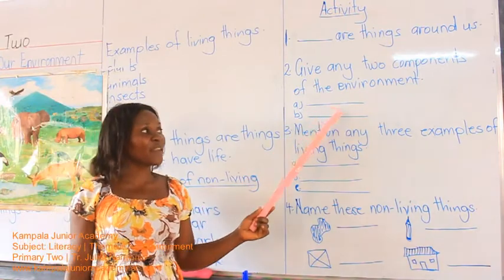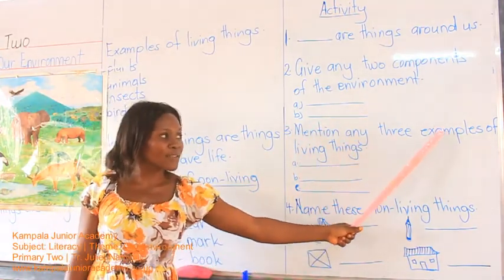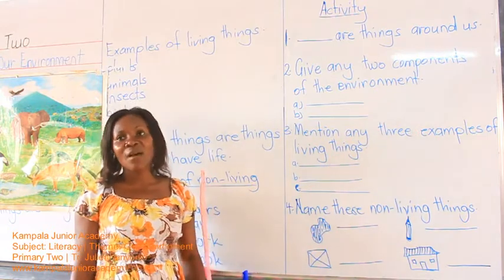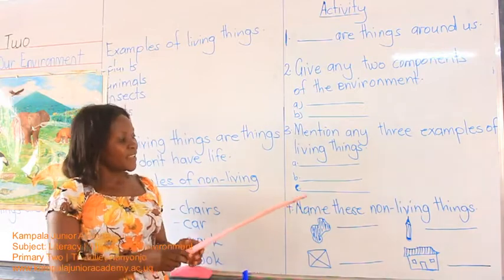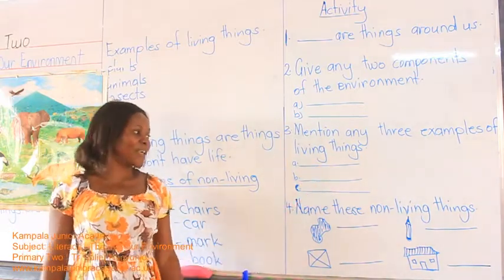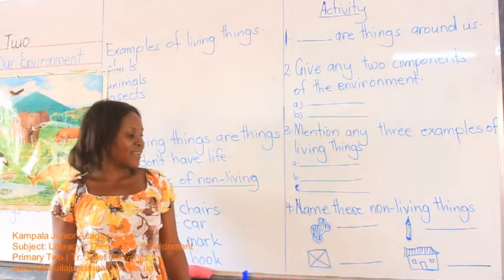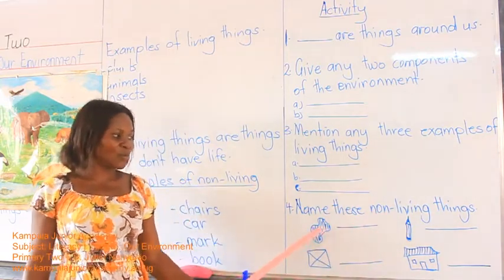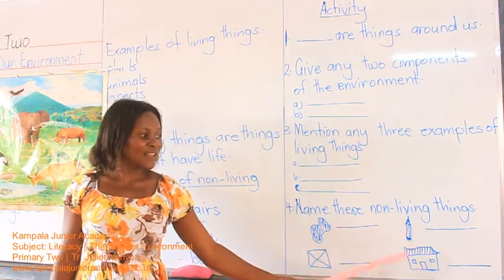Then you write them there. Number 3 says, mention any 3 examples of living things. You write them there. Number 4, name these non-living things. I think you see the shape, you will name it just like you see.